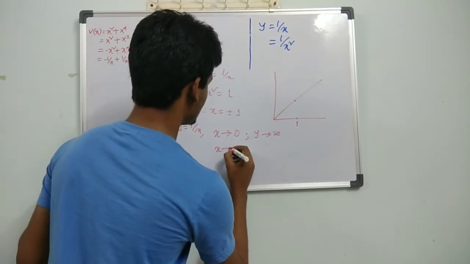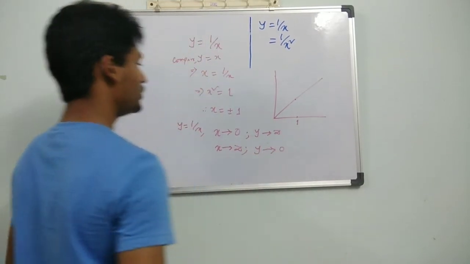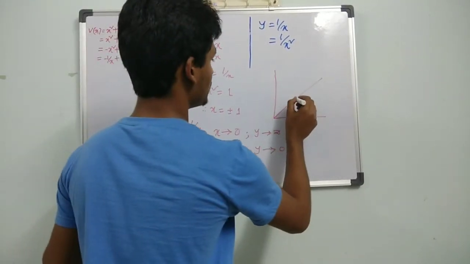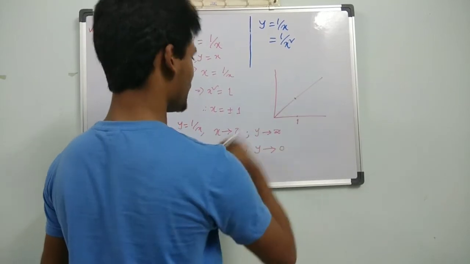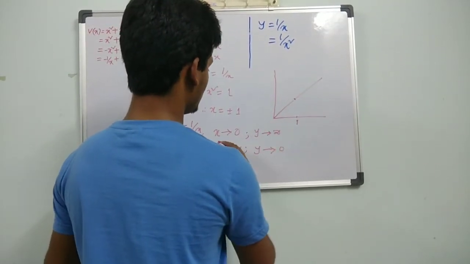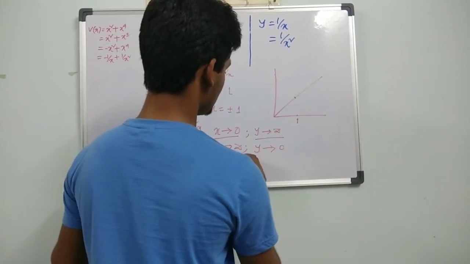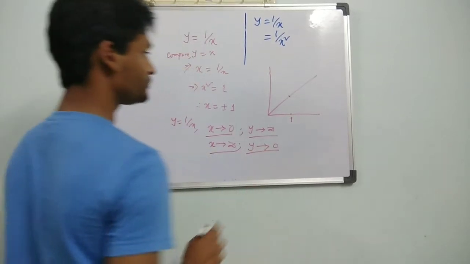And if your x goes to infinity, then y will go to 0. So what I am getting, that intersecting at 1 or plus minus 1, I am just taking the first quadrant. And if x is 0, y goes to infinity, and if x equals infinity, then y is going to 0.